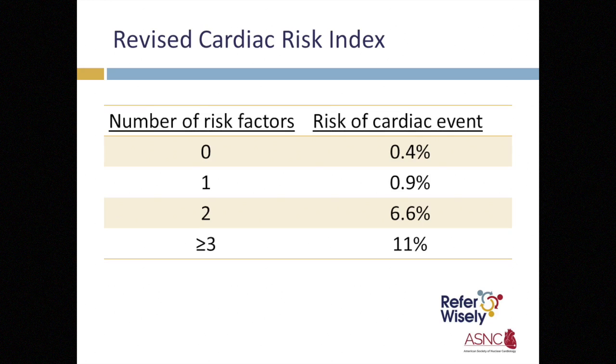So it really requires further evaluation, and I think he went really nicely into the workup to further understand a patient's risk and any underlying heart disease or underlying increased risk for perioperative mortality and morbidity.